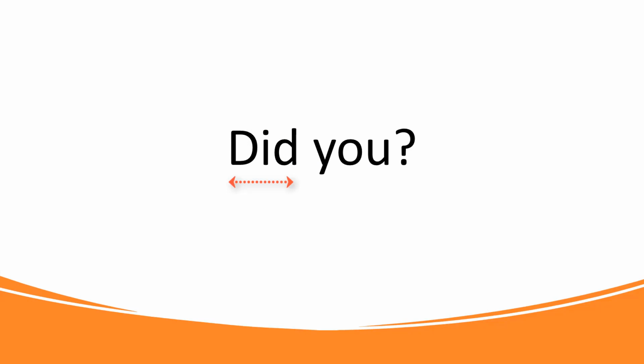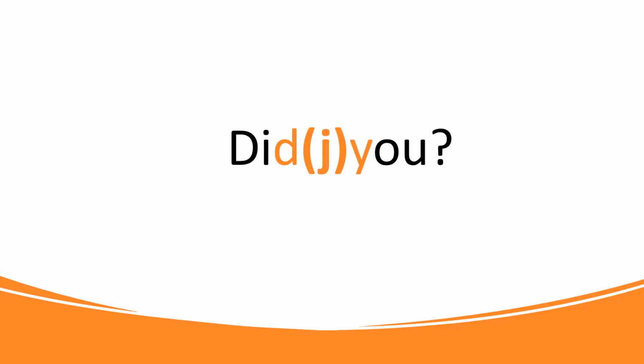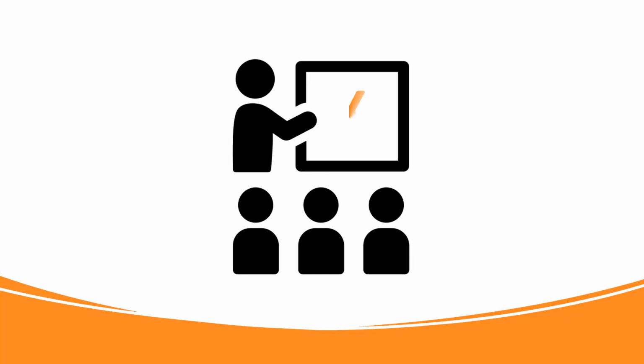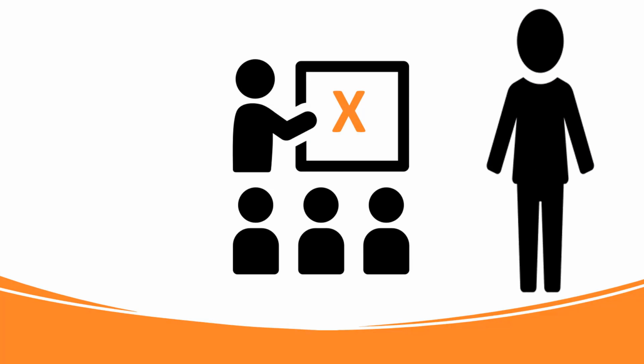If you said, "Did you?" well, that may be the standard way, but it's not how the natives talk. They blend D with Y together, making it sound like J. So they say, "Did you?" This is something they don't learn from schools, but they pick up while growing up.